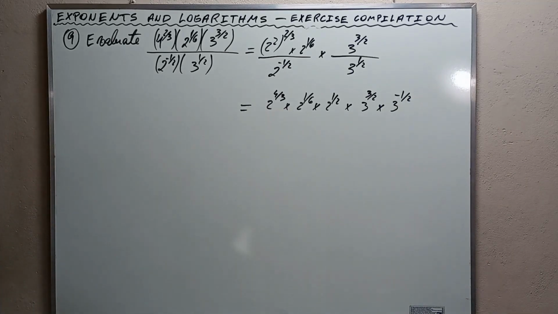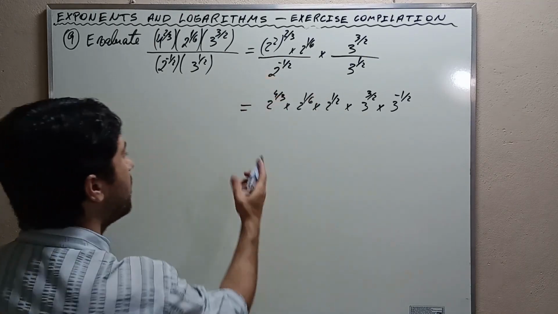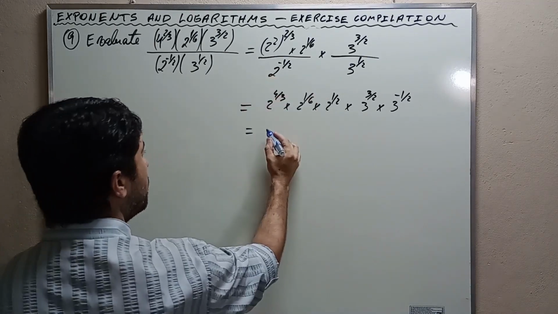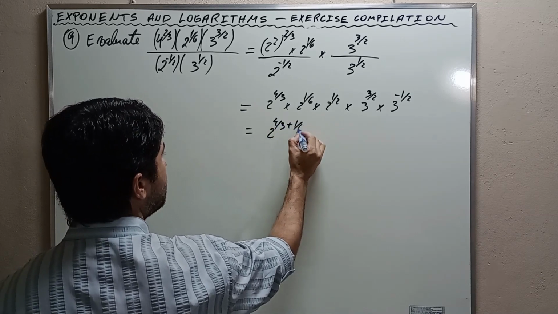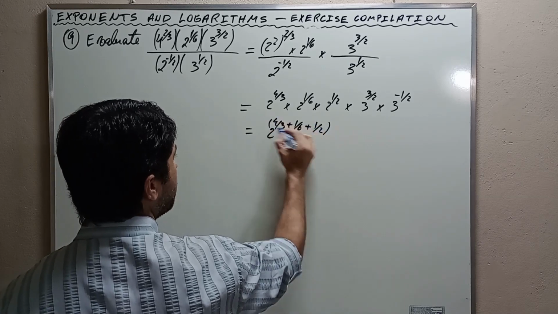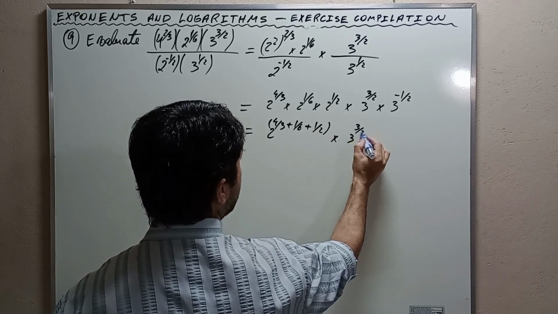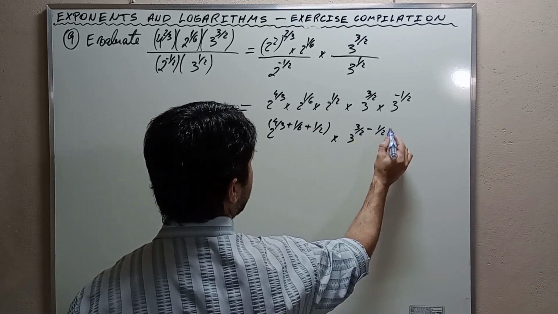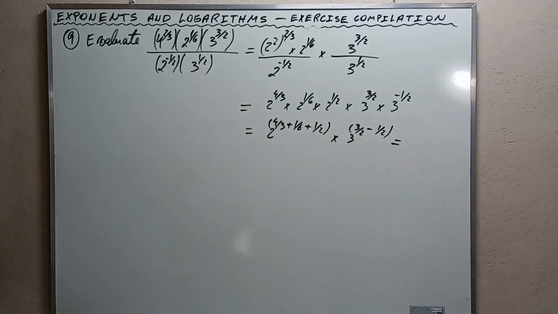Okay? What we need to do is to sum the exponents, then it becomes 2 to the 4/3 plus 1/6 plus 1/2, times 3 to the 3/2 minus 1/2. Okay?